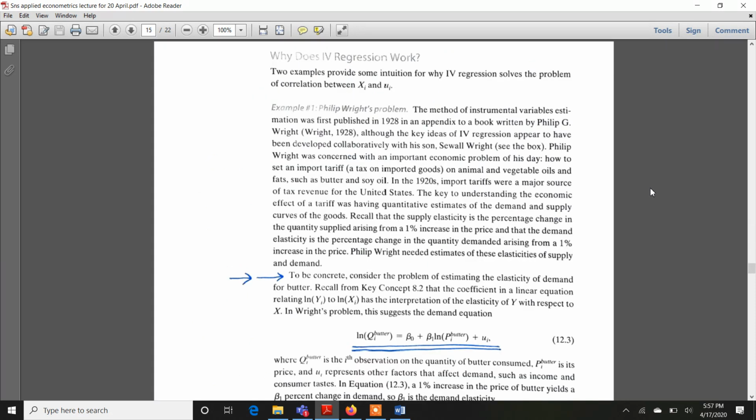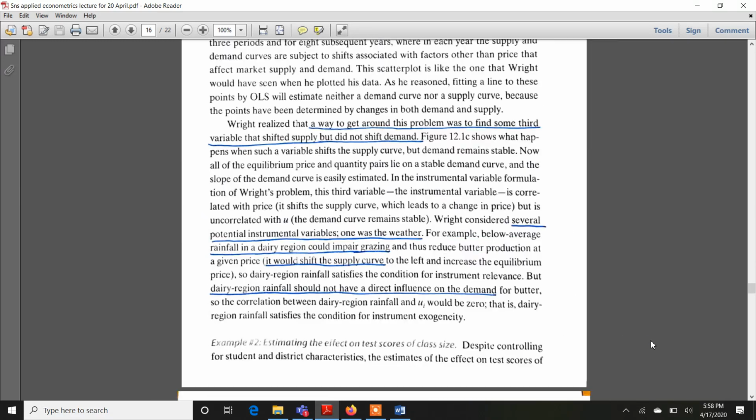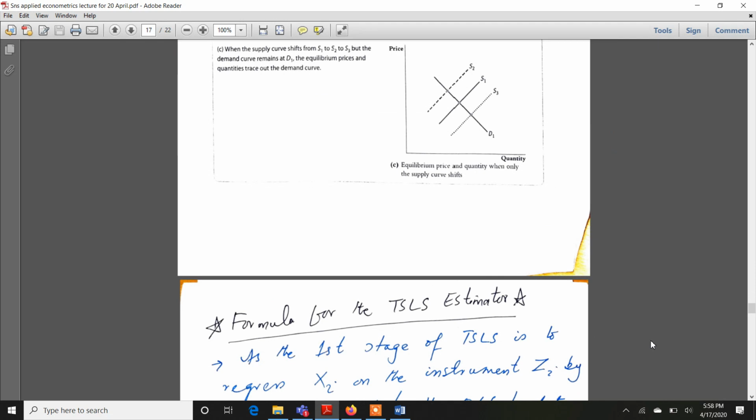The correlation between average dairy rainfall and the price of butter is non-zero. How are suppliers setting the price? If the average rainfall is much lower, maybe they will set the price accordingly. So the correlation between the instrumental variable and the included regressor is non-zero, but the correlation between the instrumental variable and the residual is 0. That's how instrumental variable techniques can work.